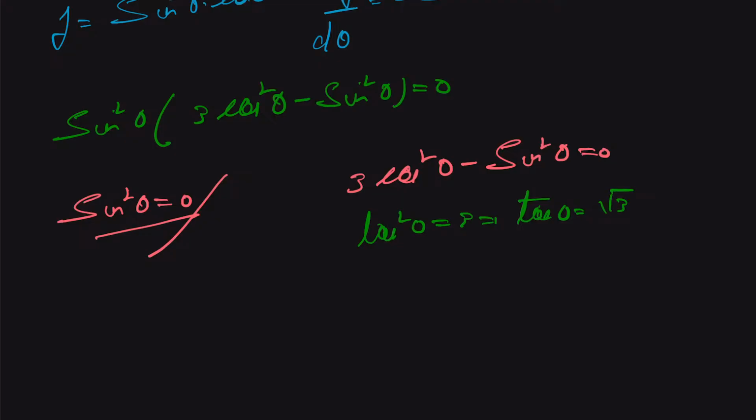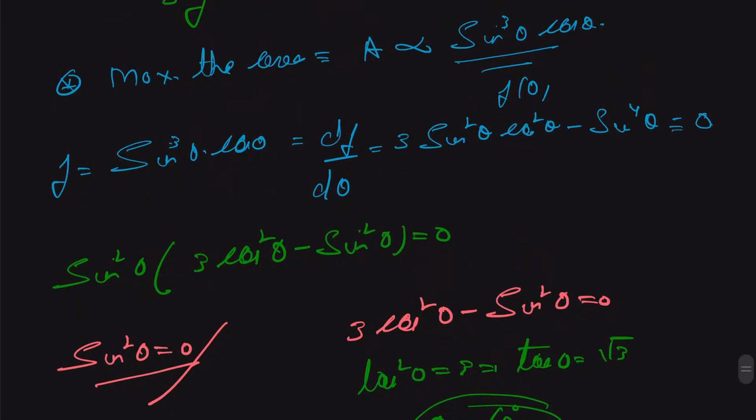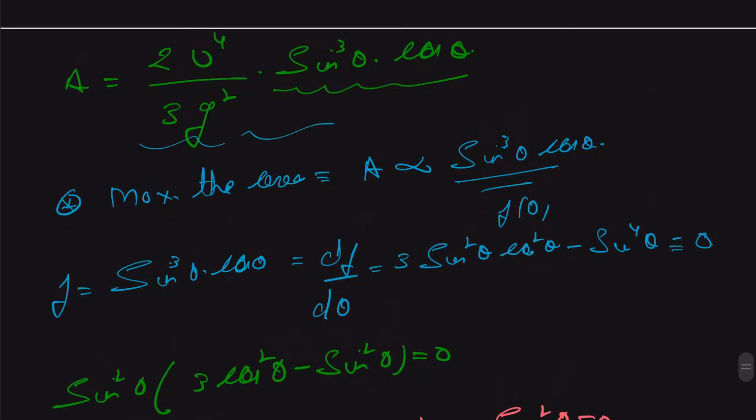and therefore the value of theta is equal to 60 degree. So for this value of theta, our area will be maximum, and we can put the value of theta into the equation of our area.